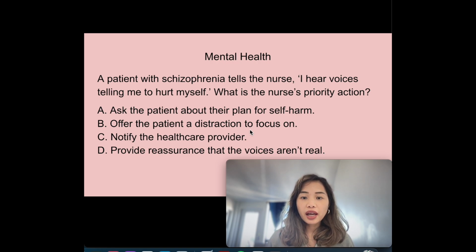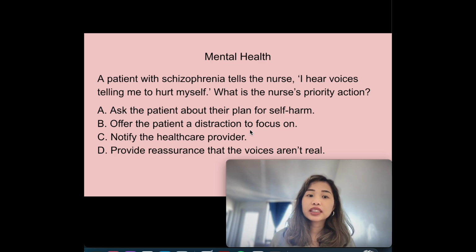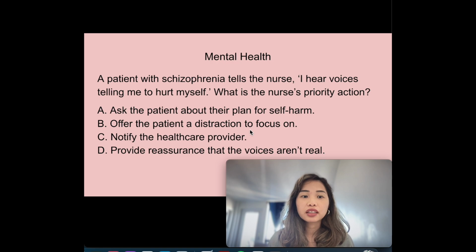Looking at the choices and what I said in terms of safety, the correct answer here would be letter A. Ask the patient about their plan for self-harm, because that means you are assessing the patient's intent and level of intent. That will also help guide your interventions and your plan of action. It'll give you critical information to guide your care. So letter A is the correct answer because that will address the issue of safety.